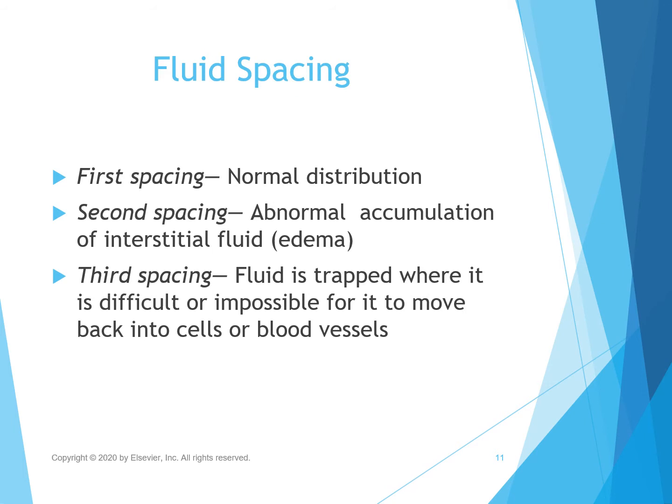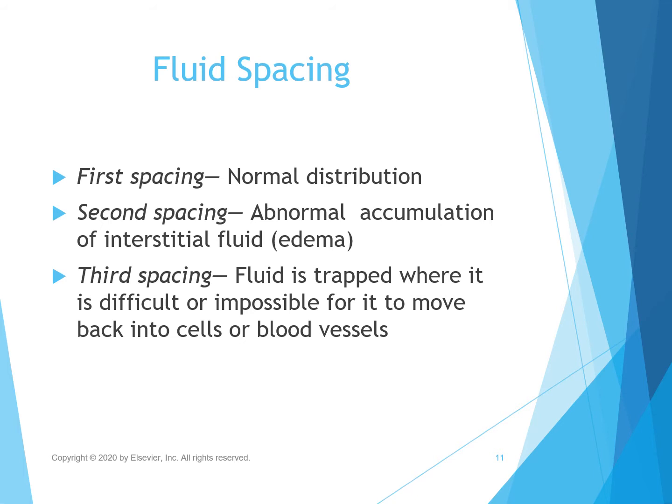First spacing is considered normal distribution. That means you do not have any edema. Second space is abnormal accumulation of interstitial fluid. This is just when you have normal edema that we would measure in somebody's lower extremities, like their ankles, and this would be considered our 1, 2, 3, and 4 plus.